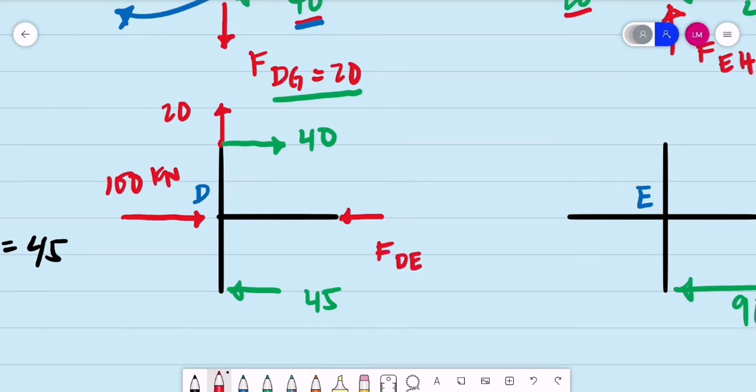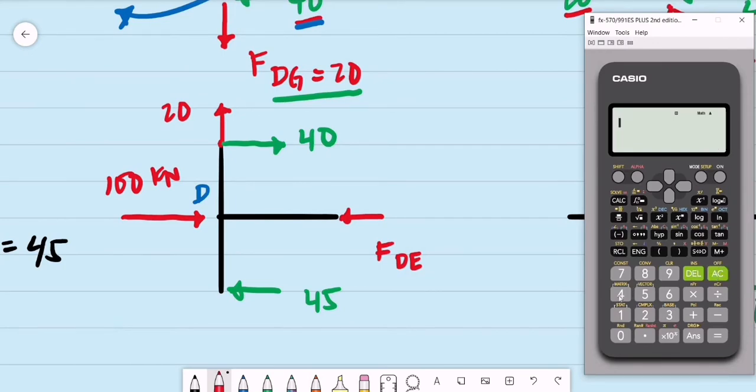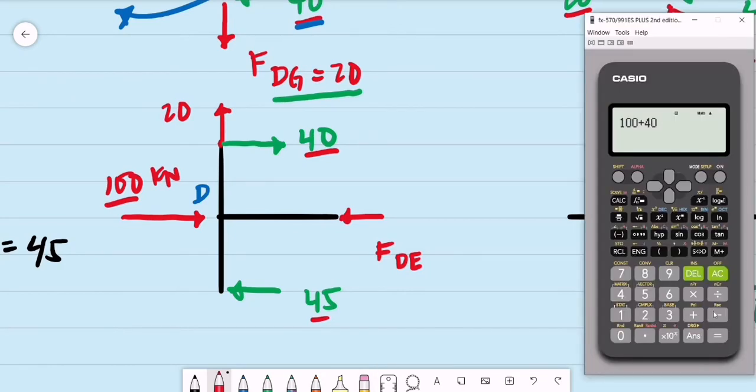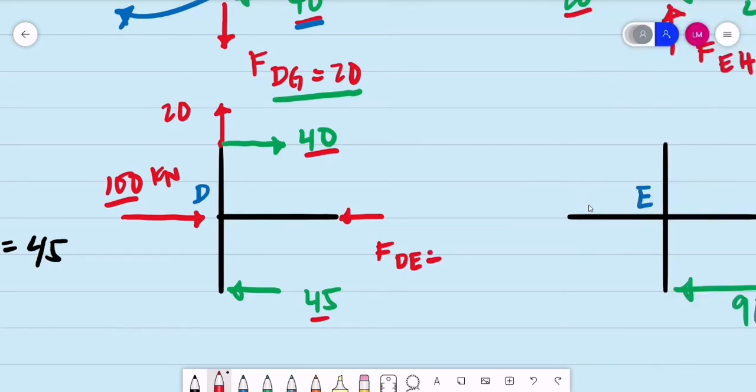So all we have to do is summation of horizontal forces. The forces to the right are 100 plus 40, that is the 100 kilonewtons and the 40 kilonewtons. Then minus this 45 kilonewtons to the left, minus 45 is equal to 95. So the axial force is equal to 95 kilonewtons. That is for beam DE.